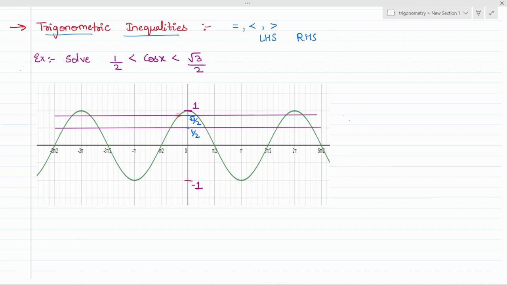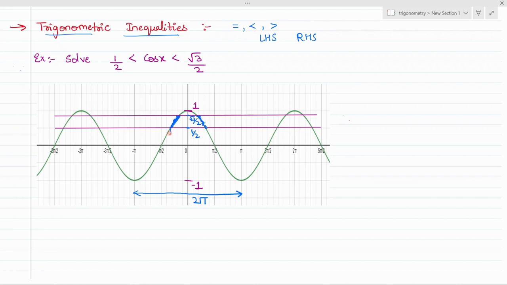So the intersection path will be this. This is the only curve we need to consider to solve this question. All the points in this curve we need to consider. So if you see in the range minus pi to pi, which is the length of 2 pi, we are taking only this much of range.